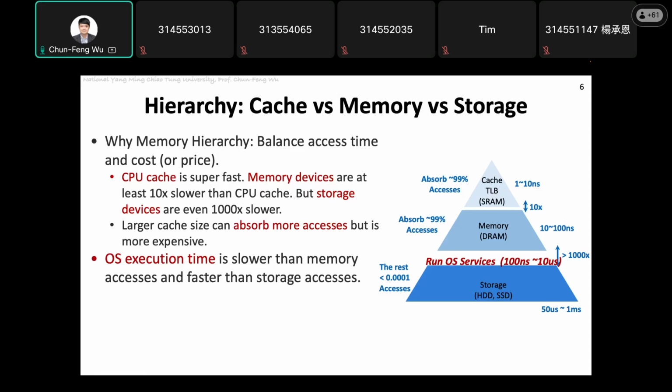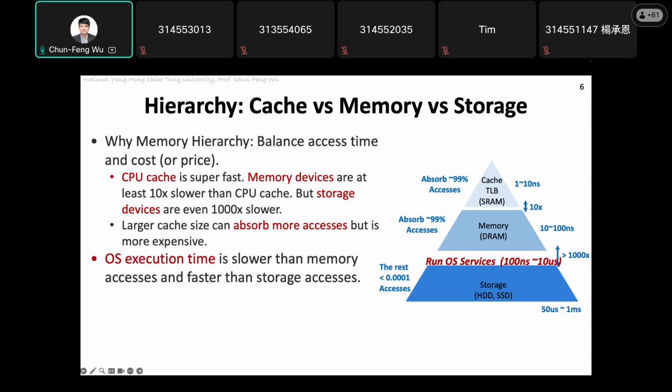Running 100 lines of C code doesn't really matter, because it is running in the CPU, right? But if you run heavier or more complex functions, such as context switch, usually you will need 1 to 10 microseconds, because there are more lines of code.